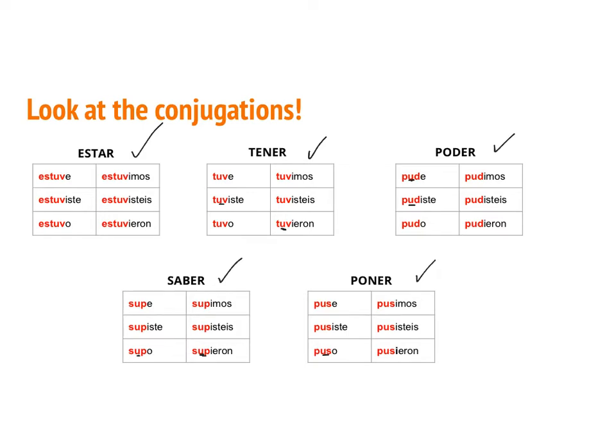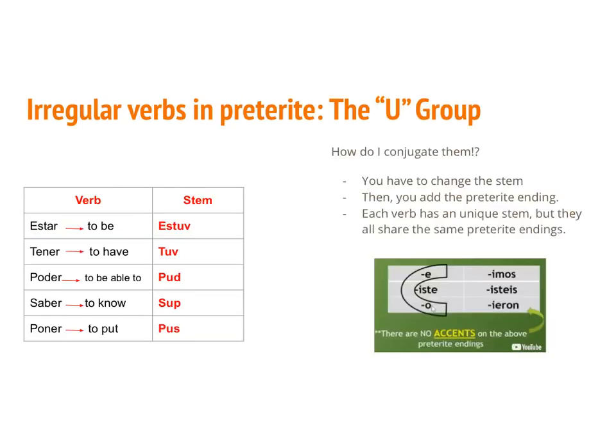Now, the red part is the stem. Now look at the ending. These are the endings for each conjugation. Can you see a pattern? Yes, they are all the same. So those are the two things we can identify: the U in the stem and the same endings for the conjugations.